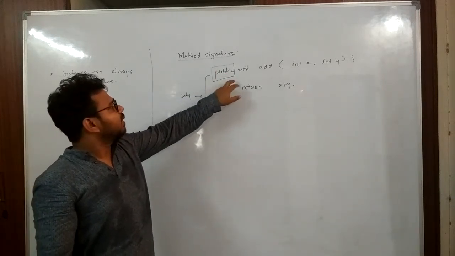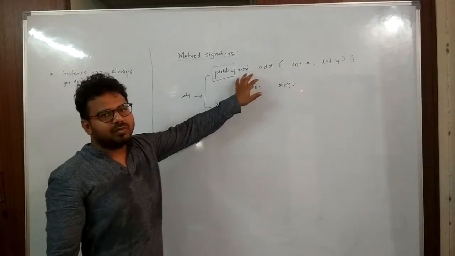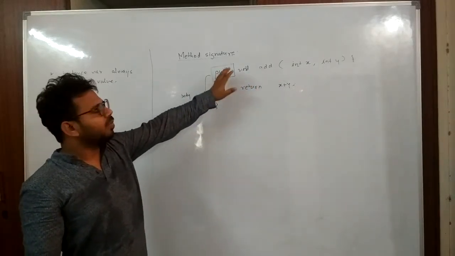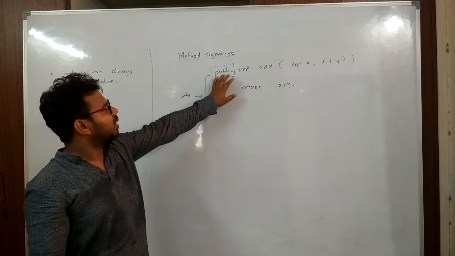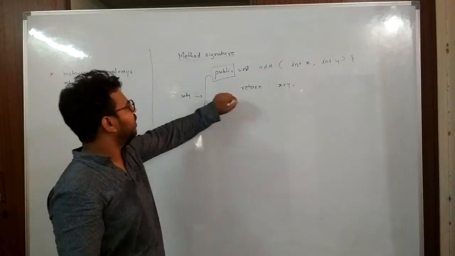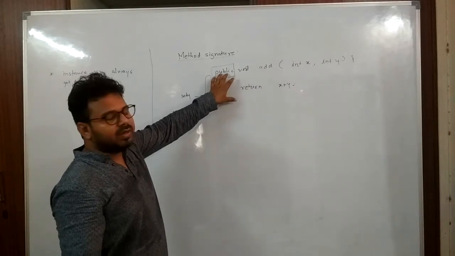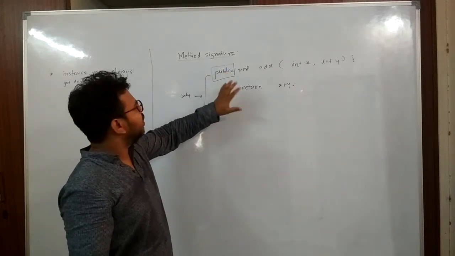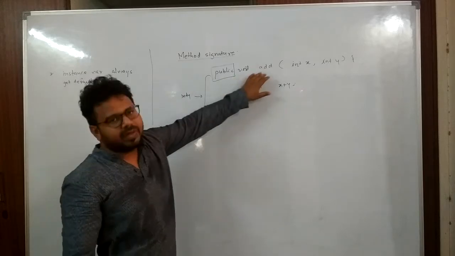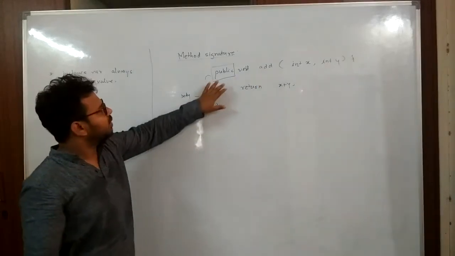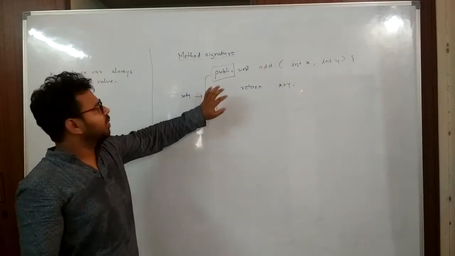If it is public, then this add method is visible to all the classes, and it can be accessed from anywhere. If it is private, then it is visible only to the class in which this method is written. So this tells about the visibility of the method.